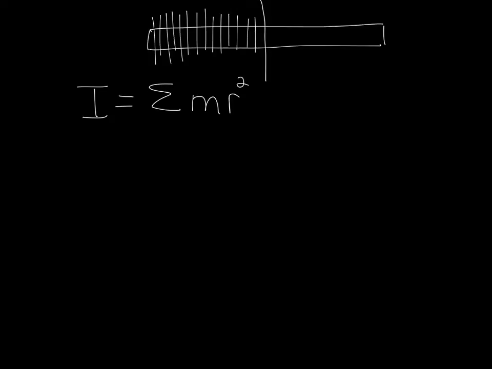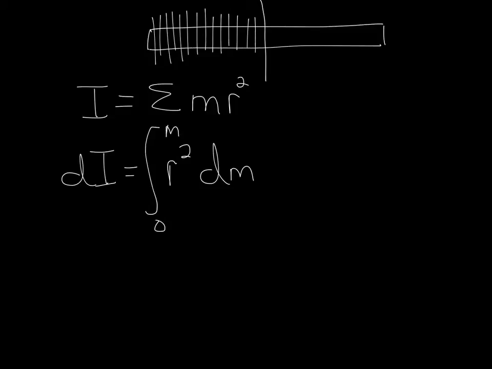So I'm going to rewrite this function. I'm going to break up this object into tiny bits of mass, and I'm going to be able to sum all those little pieces up to the total mass.